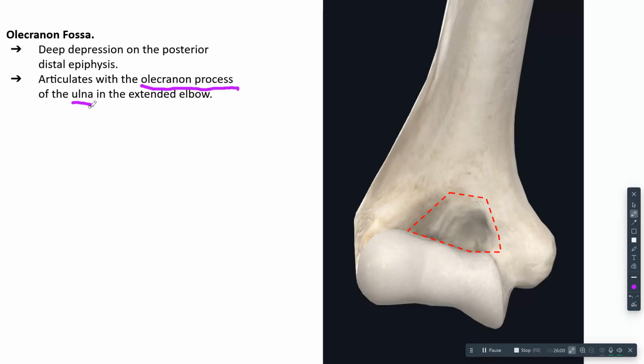So when your elbow is straightened out, there's this piece of the ulna. So the ulna looks kind of like this, kind of like that. And this top part here is called the olecranon process, and it is going to fit right in here. This guy right here grabs onto the trochlea.